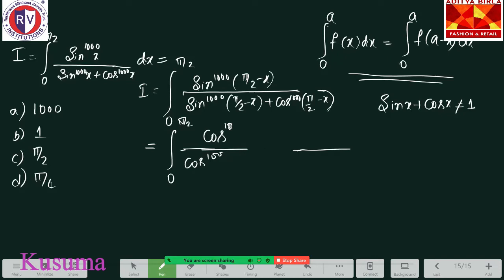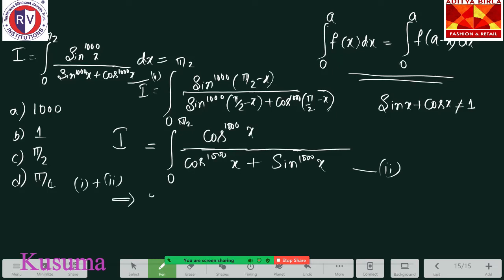Ma'am, it's cos to the power 1000x, no ma'am? I'm writing. So this will be plus sin to the power of 1000x. Okay, let this be. So this is also equal to I. Let this equation be 1 and this equation be 2. Let us add now 1 and 2. 1 plus 2 will give us 2I equals integration from 0 to pi by 2.